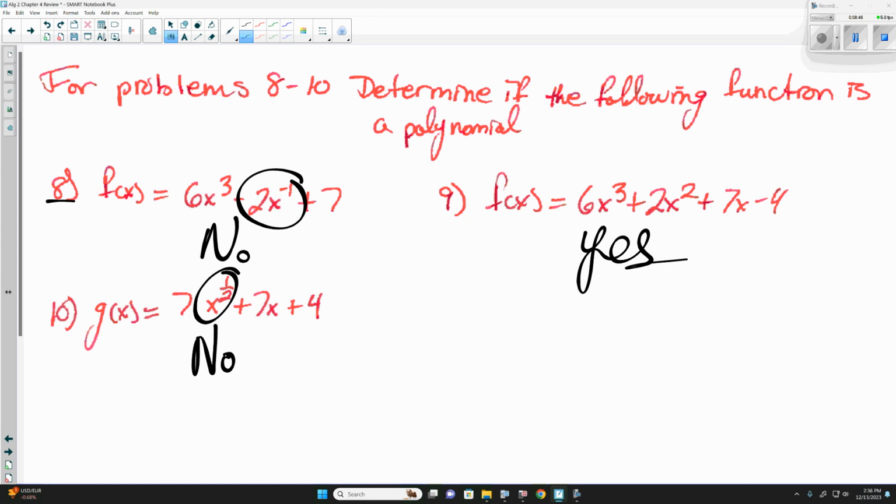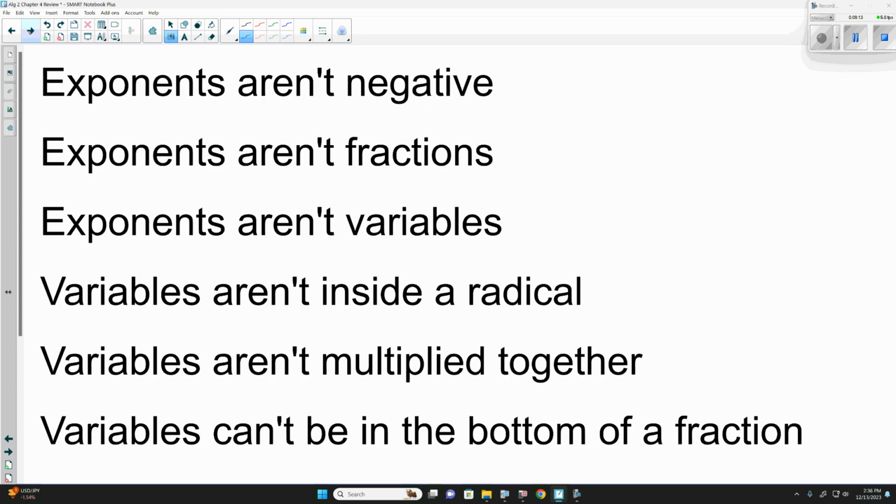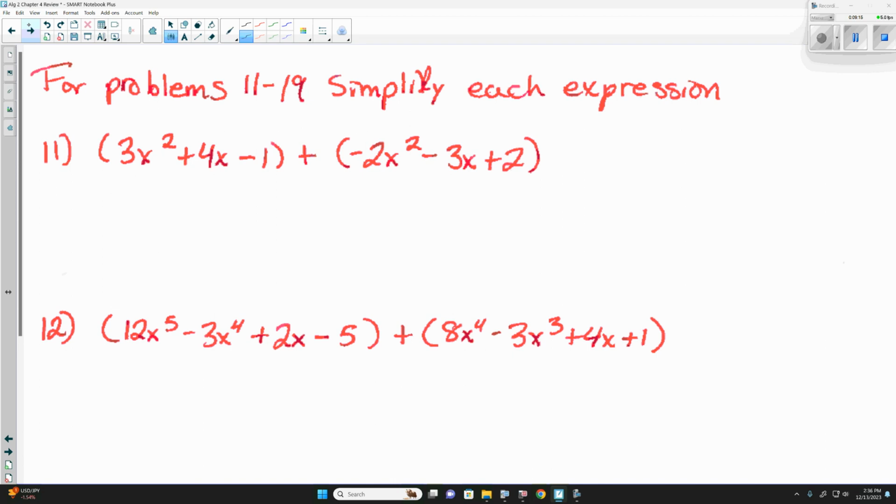But this is no. Now, our problems 8 through 10 and 1 through 3 are really going to be put together, because on the test, it's going to ask you if the following function is a polynomial. If yes, state degree and leading coefficient. If not, just say no. So any other questions on 8 through 10? Questions on 11 or 12?